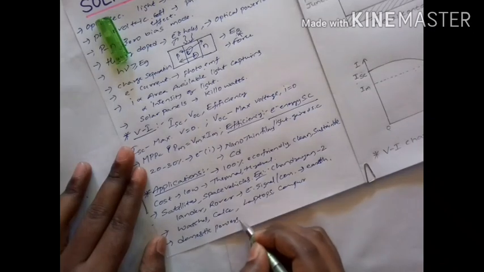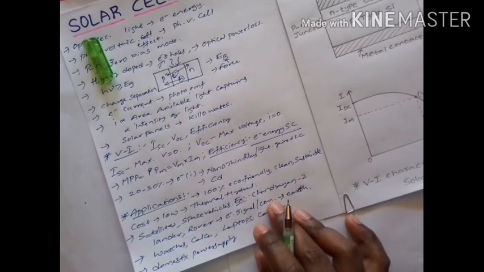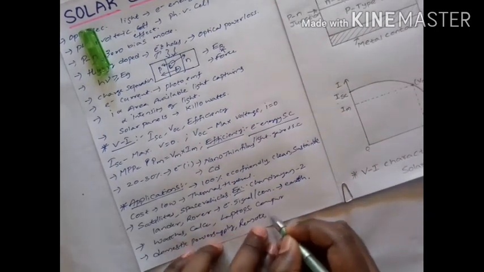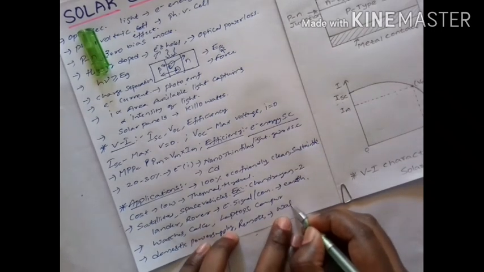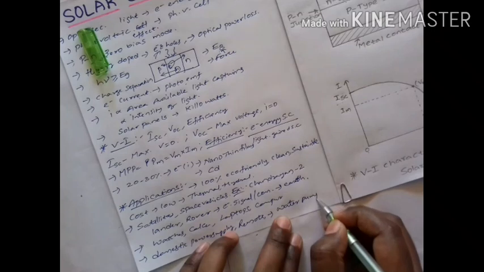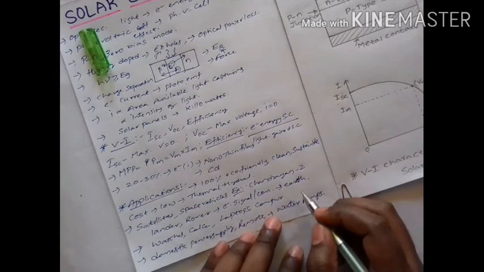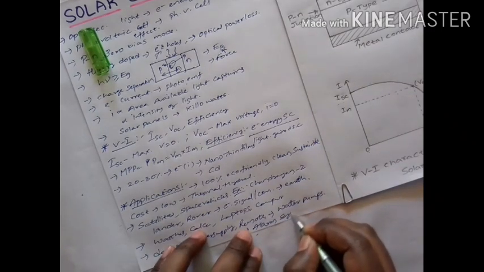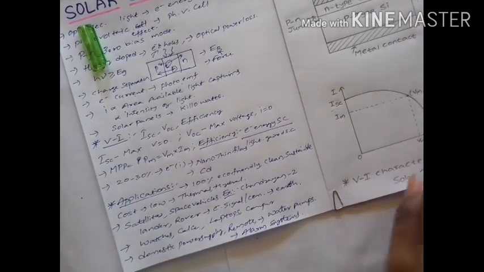And by using solar panels, we can power very remote areas in the country, and we can also run water pumps. And one more application is that by using solar cells we can also run alarm systems. So these are the applications of solar cell.